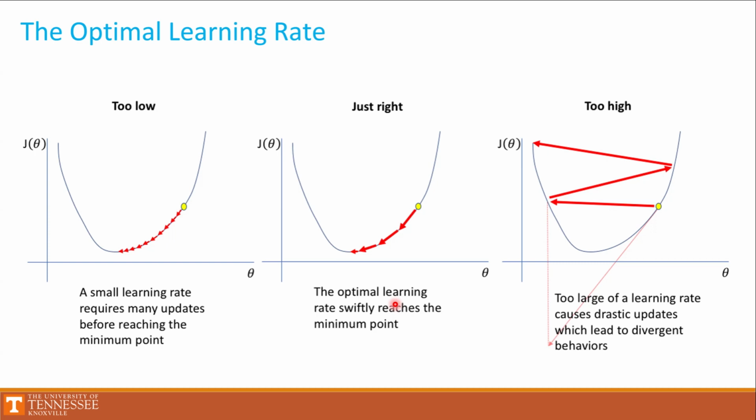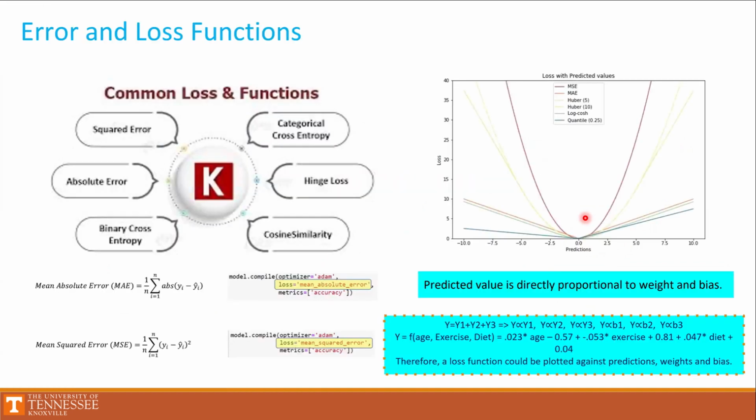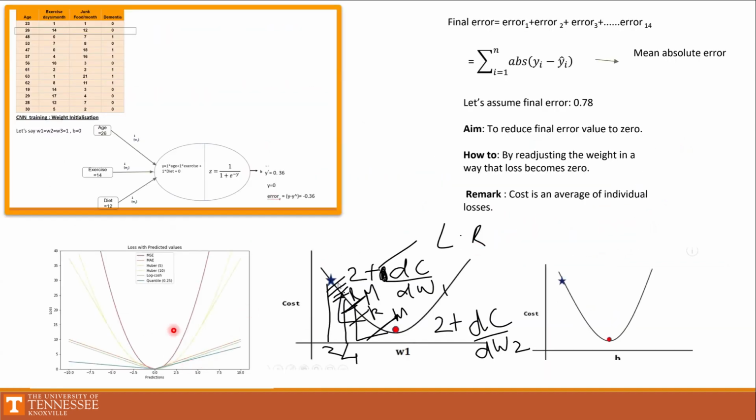Right? Now, here is another remark, because I want to reach here in a very smooth way. Finally, the objective is to have the minimum error. That is why the shape of the loss function is very important. So when you choose these loss functions, for example, here was an example of various loss functions.